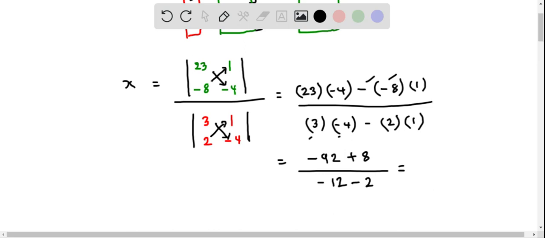And so this gives negative 92 plus 8 is negative 84. And this is divided by negative 12, negative 2 is negative 14. So we can cancel these two negatives, and this basically equals 84 over 14, and this equals 6. So we have determined that x equals 6.